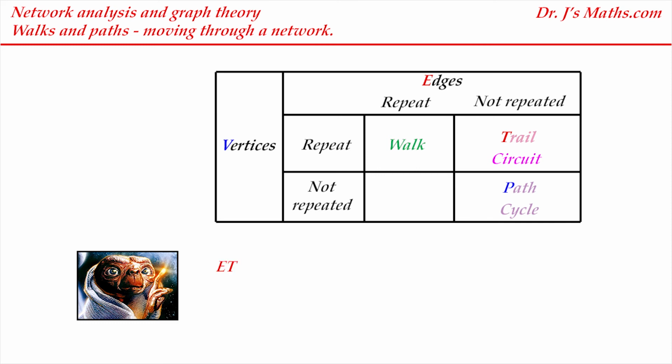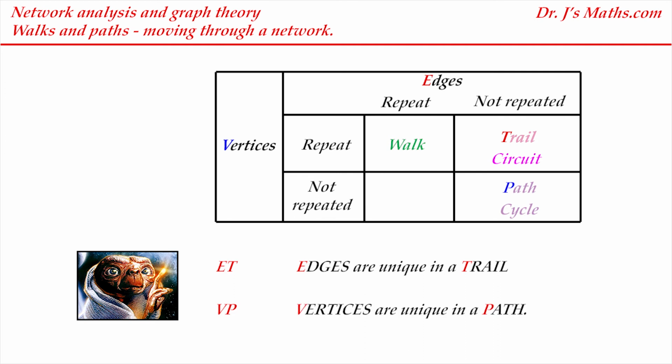So ET really stands for edges are unique in a trail. And we've got blue letters for vertices and path. So we can say that vertices are unique in a path. Silly little way to do it, but at least it gets you the message, and you just have to say that to yourself when you're doing exercises or in the exam.